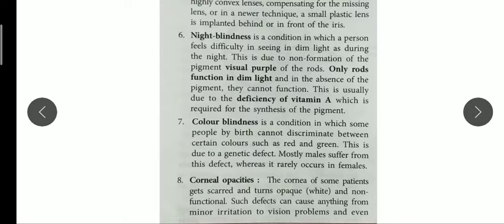Now corneal opacities. In this, what happens is that in some patients the cornea gets scarred or turns opaque, white and non-functional, and such a defect can bring minor irritation, vision problems, and even blindness.